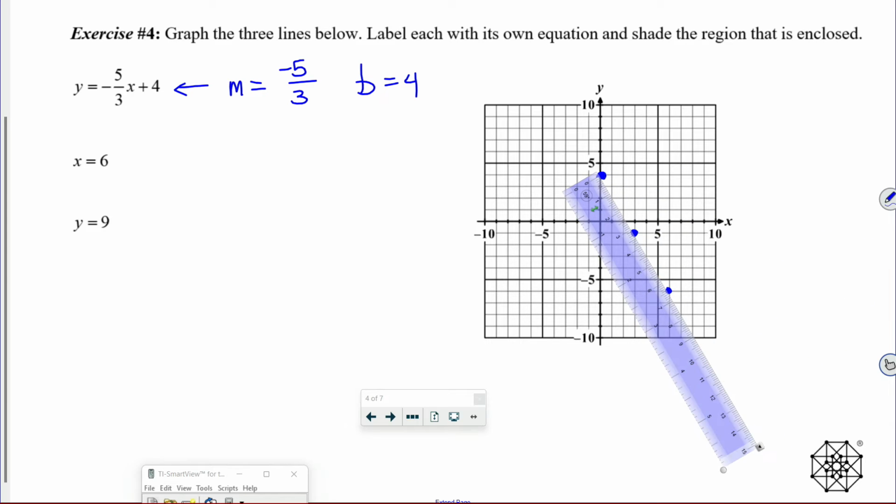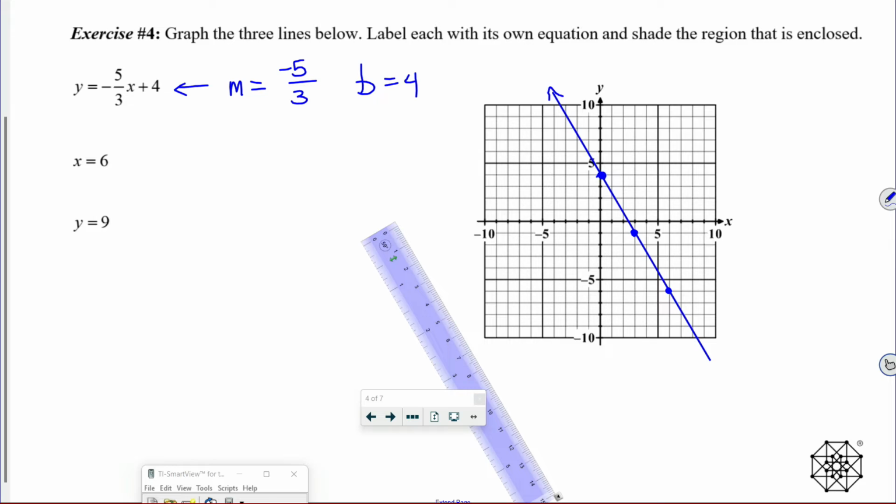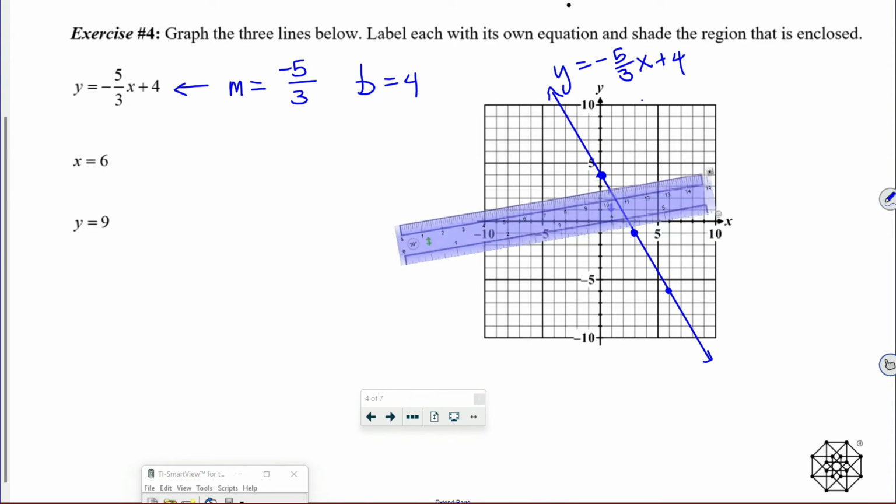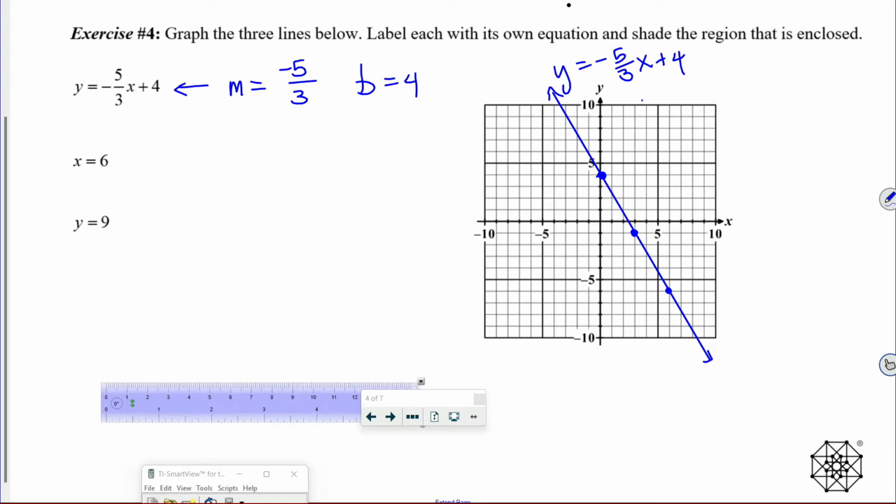I just now need to use my straight edge effectively and do that. Whenever we're graphing more than one line in the coordinate plane, we should always make sure to write down the equations of the lines. All right, so we know the equation of this line is y equals negative 5/3 x plus 4, so we'll just label it.